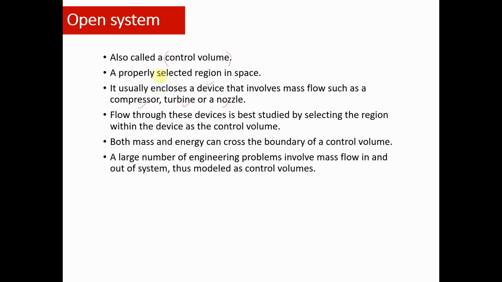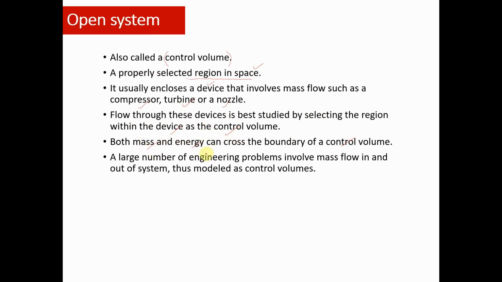So that's why we need to properly select a region in the space instead of controlling the mass. And the flow through these devices is best studied by selecting the region within the device as the control volume. Both mass and energy can cross the boundary of a control volume. For the closed system, only energy can cross, but for the open system, both mass and energy can cross the boundary.